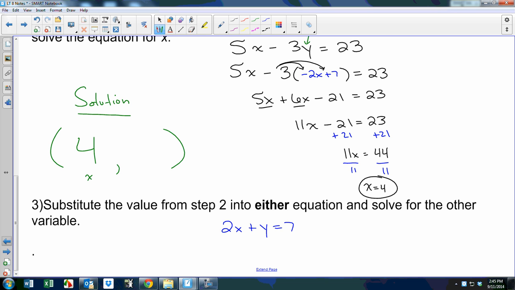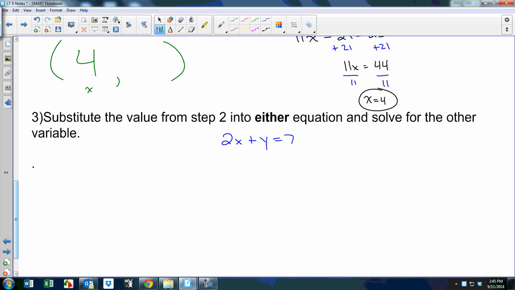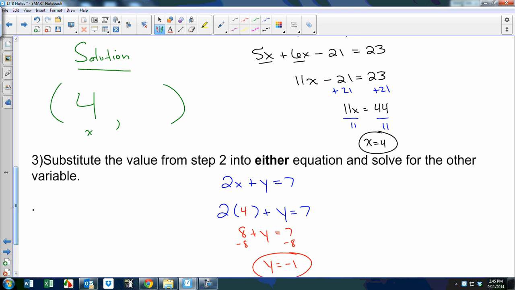Now that we know x is 4, we can take 2 times x plus y equals 7, take that 4, and substitute or replace it, and then solve for y. Subtract 8 to both sides. Y is negative 1. So that finishes our ordered pair. The answer is 4, negative 1. Had we graphed these two lines, they would have crossed at 4, negative 1.